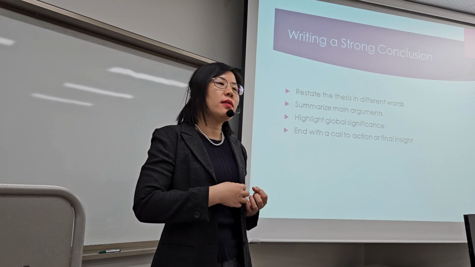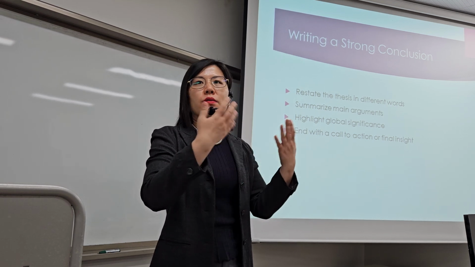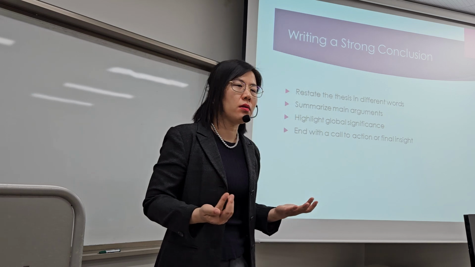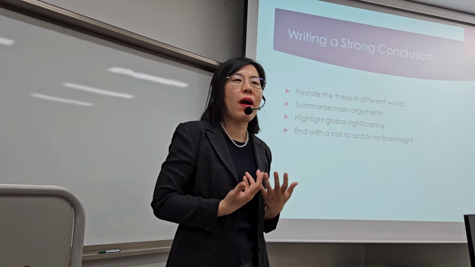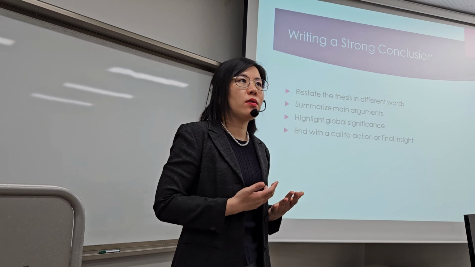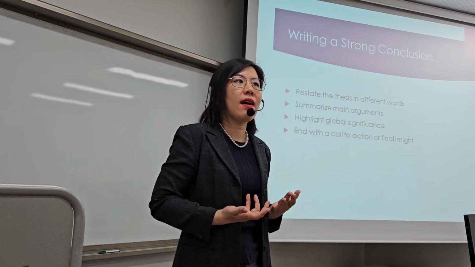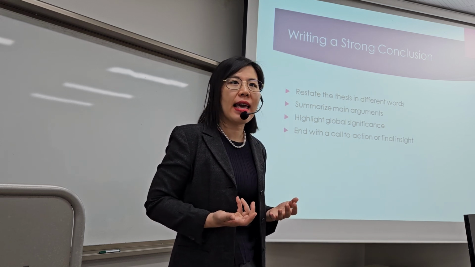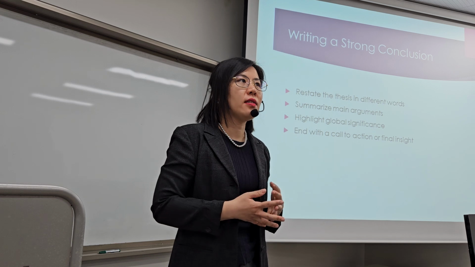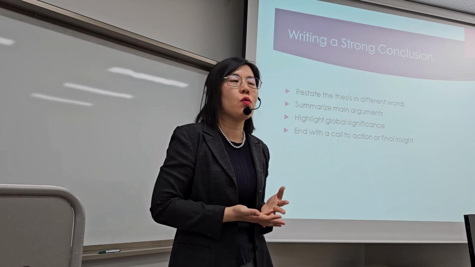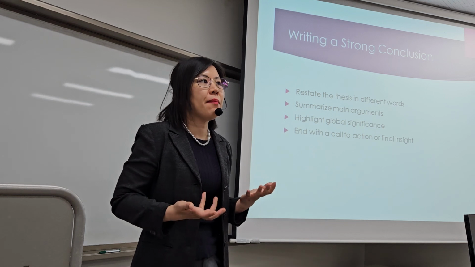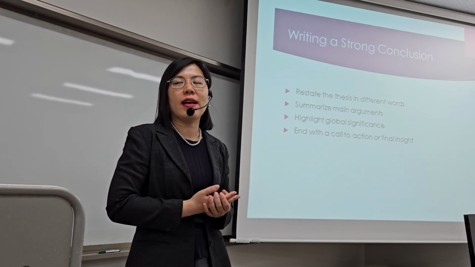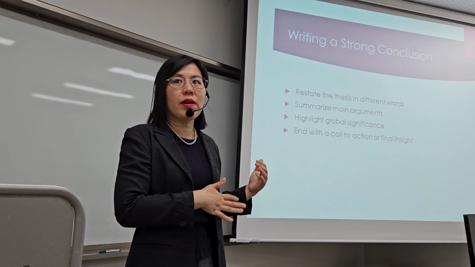So you say, okay, to increase the birth rate across the globe, we need to raise awareness about the issue. So we have to have an international campaign to raise awareness of the low birth rate across the world. So this can be an example of a call to action. This part is very important.